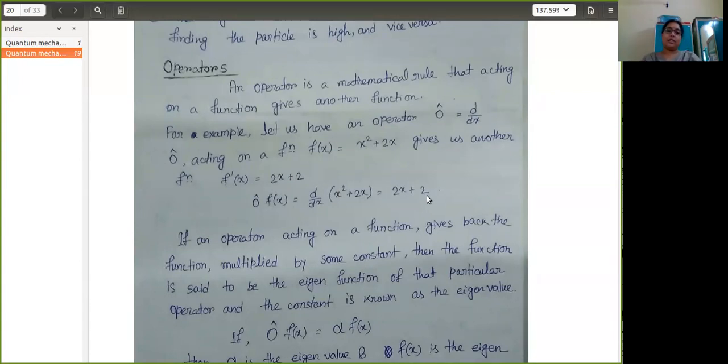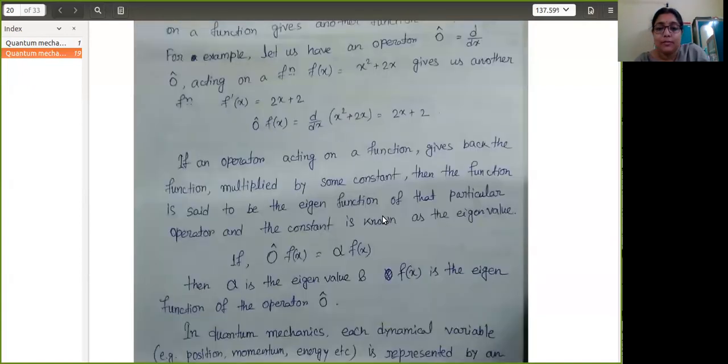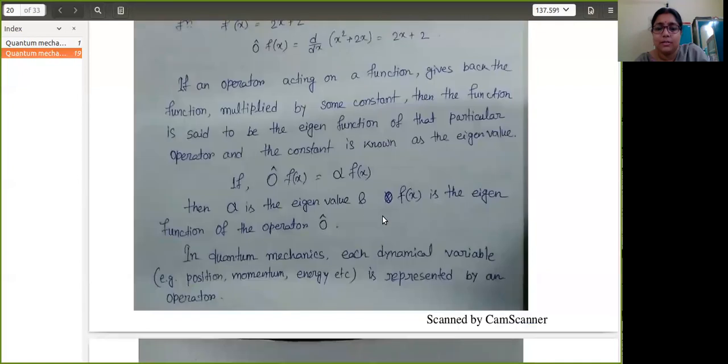Similarly, if an operator acting on a function gives you the function back multiplied by some constant, the function is called the eigenfunction of that operator, and that particular constant is known as the eigenvalue of that operator. Look here: O cap acting on f(x) equals alpha into f(x). If we find some function like this, then that function will be the eigenfunction of O cap, and the eigenvalue will be alpha.